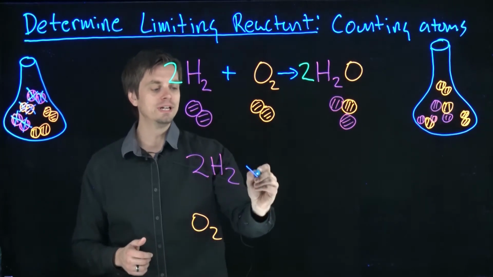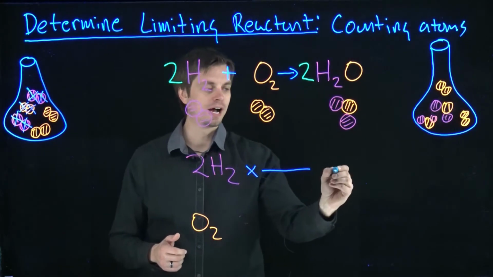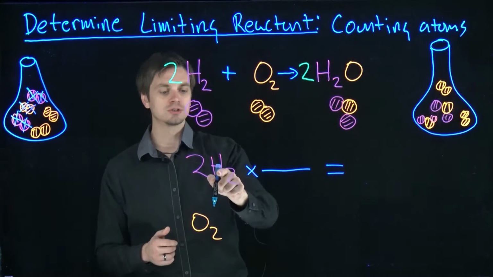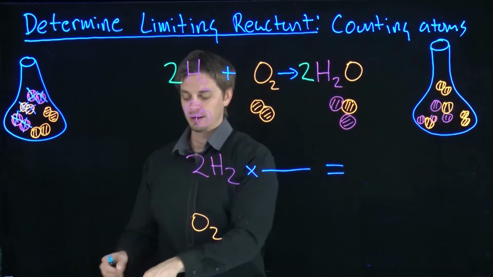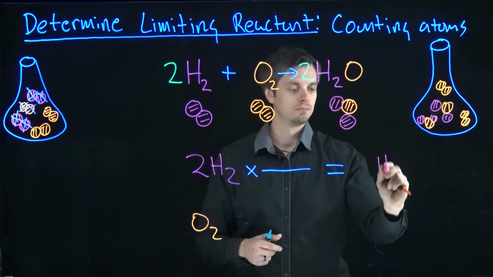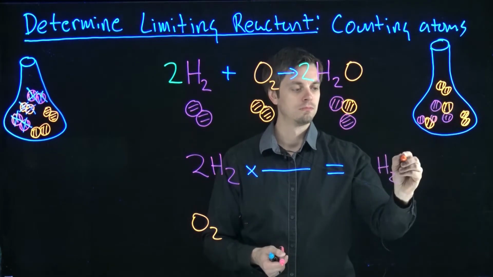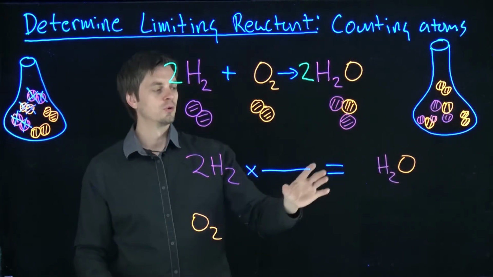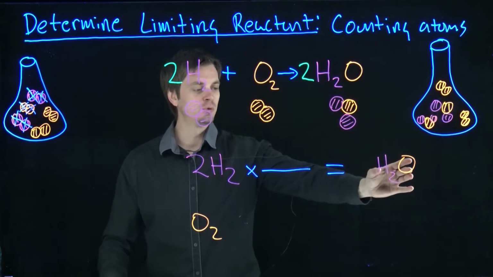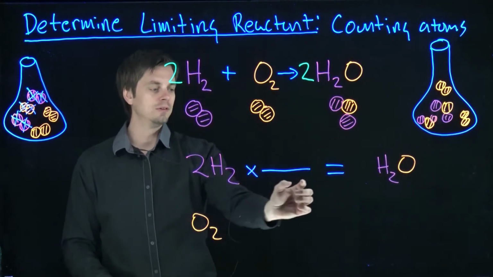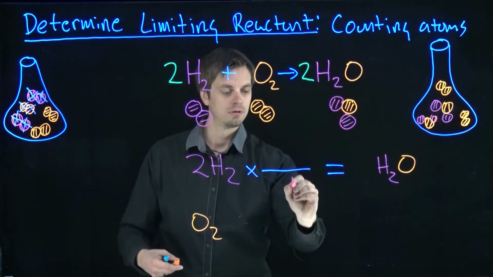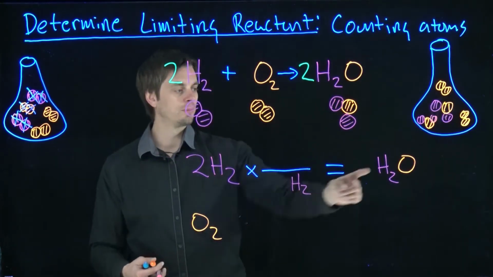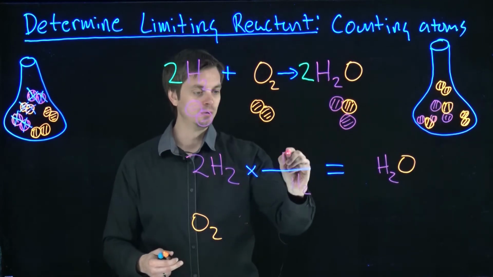So to do that, we need to construct a conversion factor that's going to take us from H2 into final units of H2O. In order to get the units of H2O at the end of the day, we need the unit on the bottom to cancel out our H2 and the unit up top to be H2O.